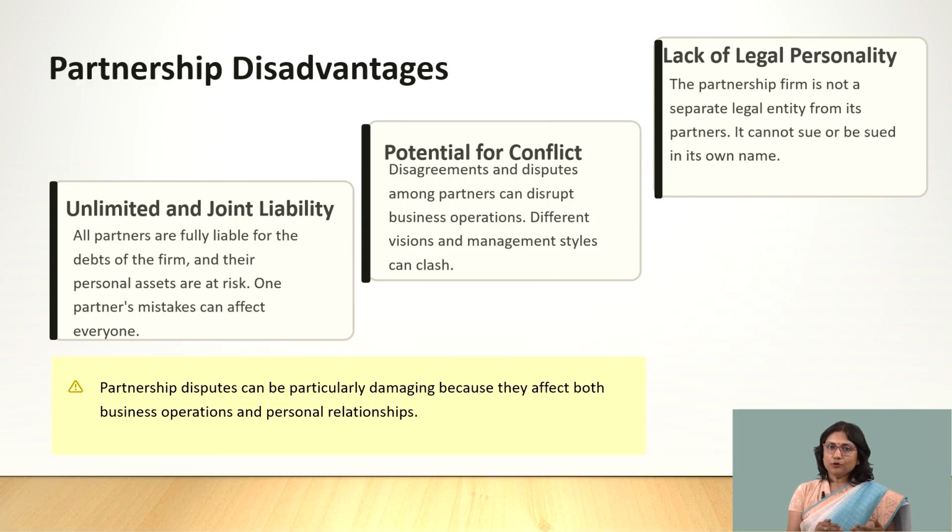In spite of the name of the organization being different, actually it is the partners who are facing any issue, because the partnership firm does not have any distinct legal existence other than the partners. So whatever partners are doing, the firm is getting impacted. Whatever is happening to the firm, the partners are getting impacted in turn.